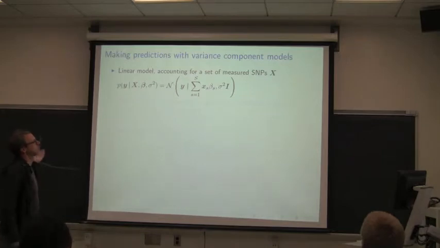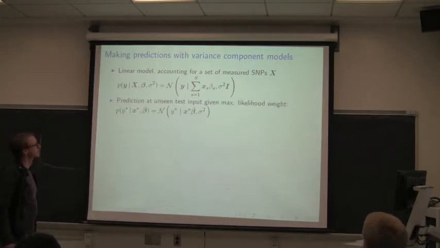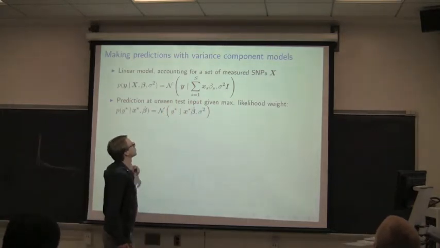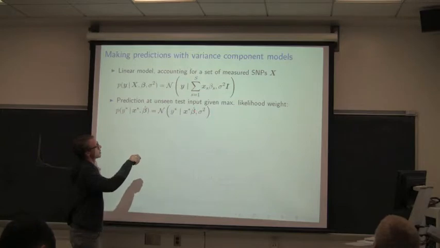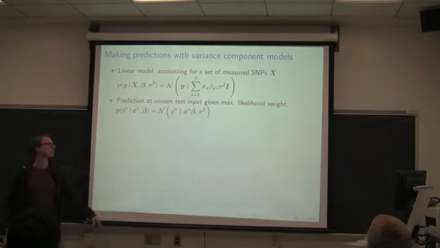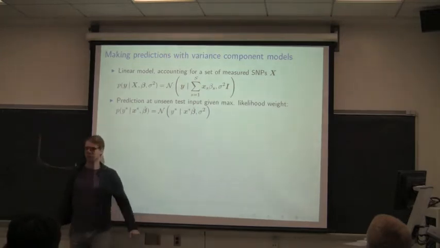Okay, so let's go back to the linear model first. In a linear model, we know how to predict, right? Basically, we estimate those betas, and then we use them. If we have a new x for which we want to predict the y, we use that beta in combination with the new x.